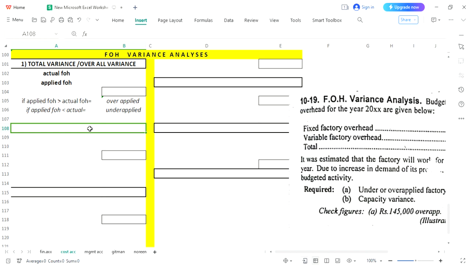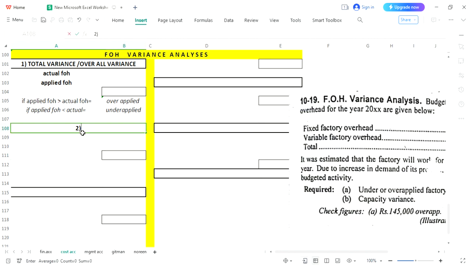The second requirement you can make is your budget variance. Budget variance, what happened to this? It has been raised. Sometimes Excel does these things.